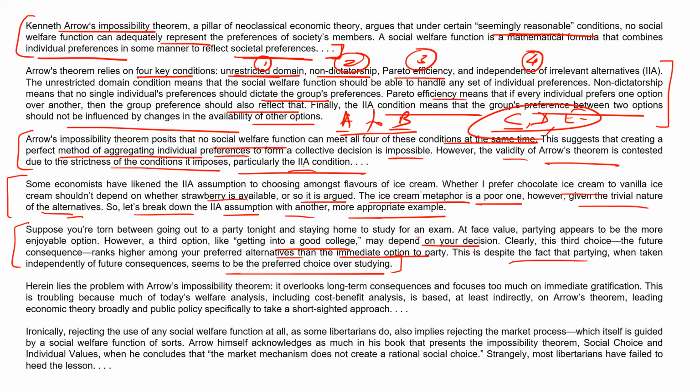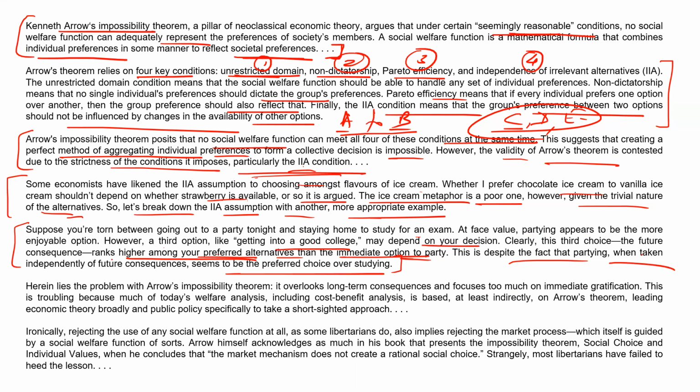So obviously, this third choice will definitely influence your choice of party over study. Right? Clearly, this third choice ranks higher among your preferred alternatives than the immediate option. So which means that you are basically violating this condition, because this condition says that if you are choosing one alternative over the other, it should be irrespective of the options available, right?